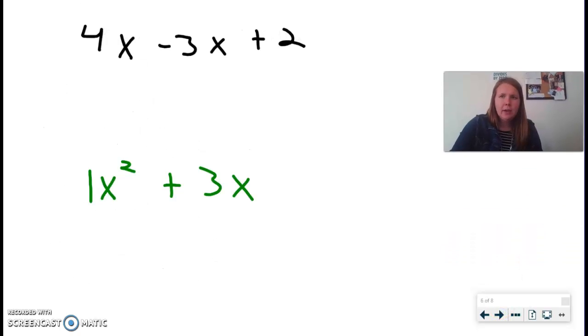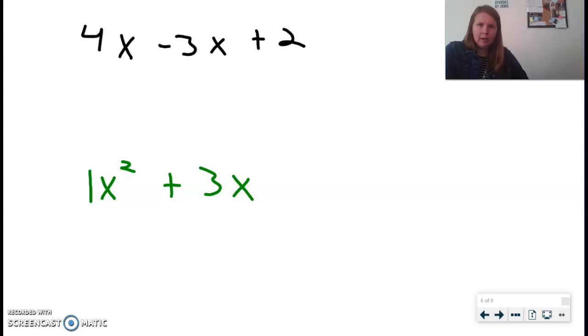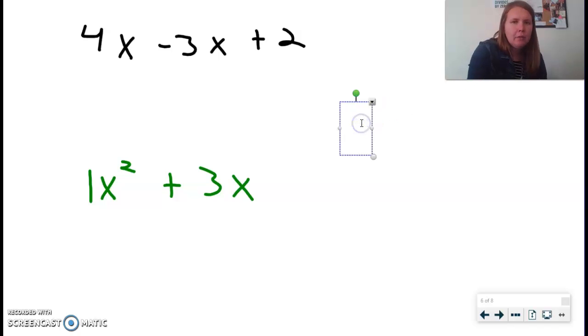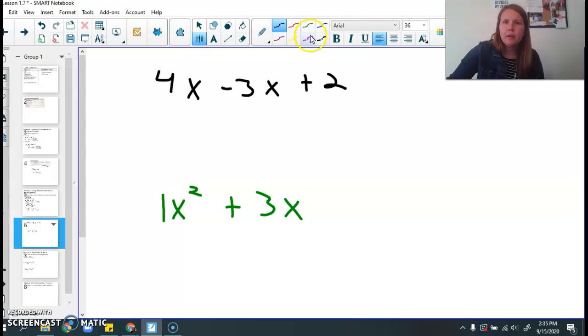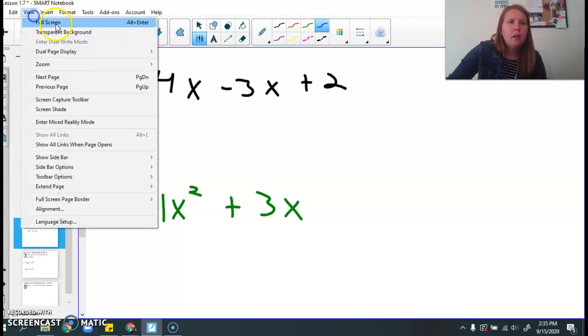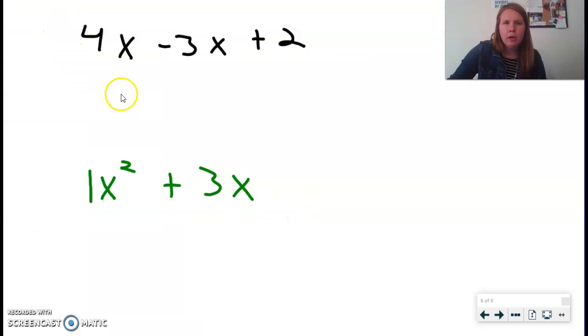Alrighty, so something else I wanted to review with you quickly is I already wrote down some problems here because I want to be able to remind you of just a couple things here. Let me go ahead and change the color of the pen here though. And what I wanted to remind you of is your different terms in your equations, okay?